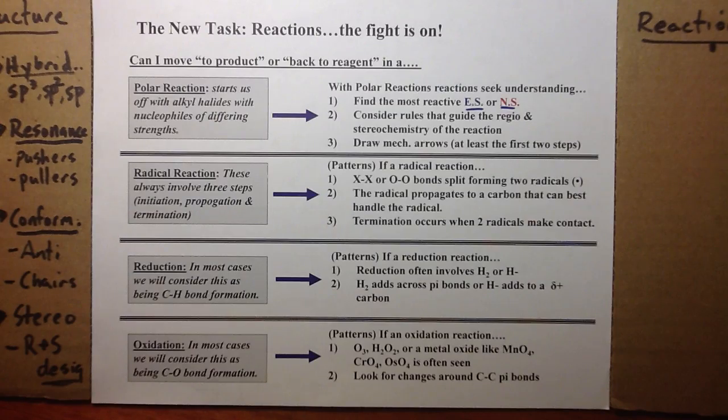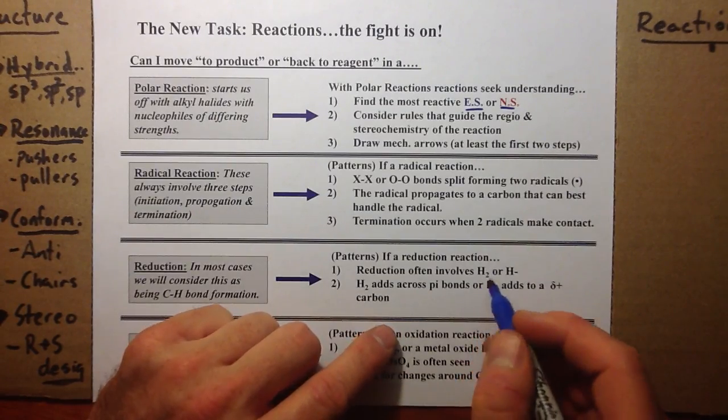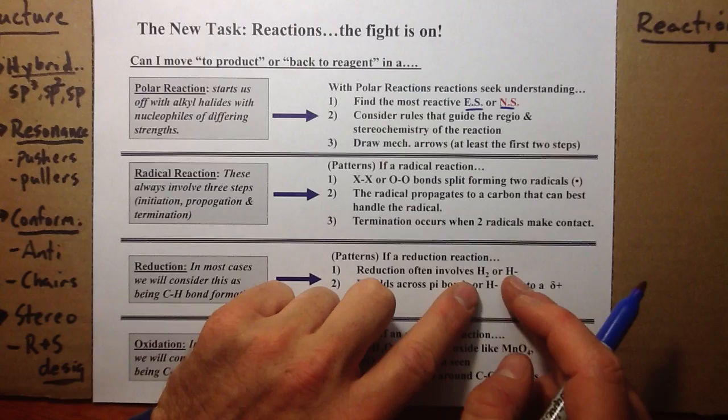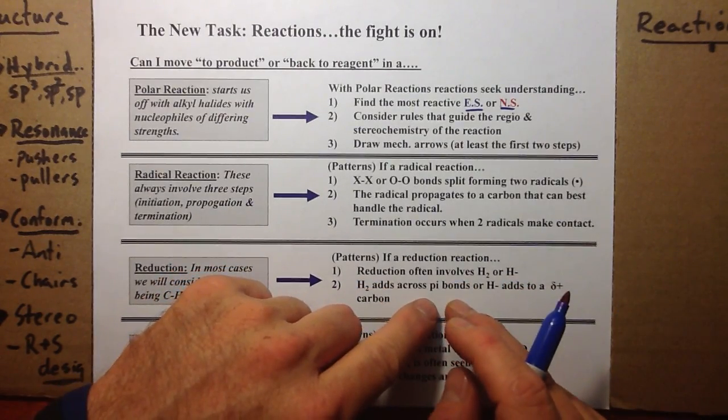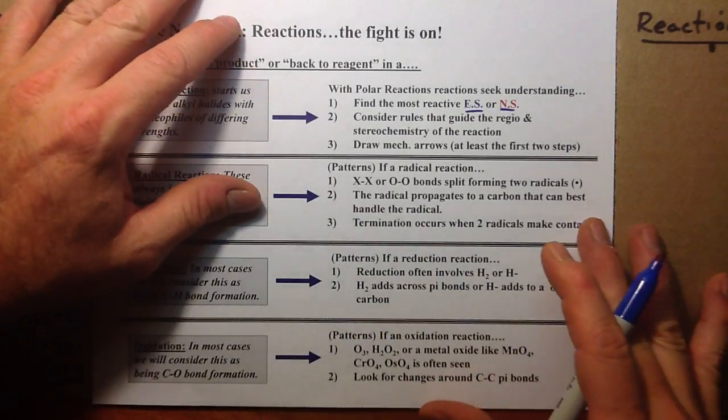Reduction reactions typically involve hydrogen in a 0 oxidation state or a -1 oxidation state. It typically reacts quickly across pi bonds. These are more reactive than sigma bonds.